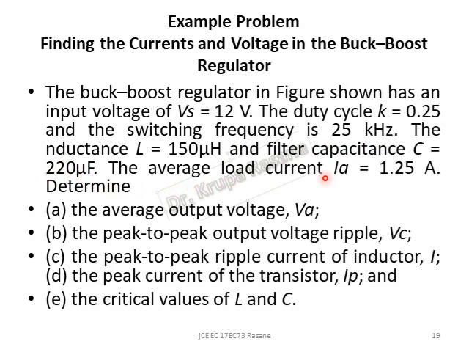The load current IA is also given as 1.25 amperes. You are supposed to determine the average output voltage VA, the peak to peak output ripple voltage, that is delta VC, the peak to peak ripple current of inductor, that is delta I, and the peak current of the transistor IP, and the critical values of L and C.